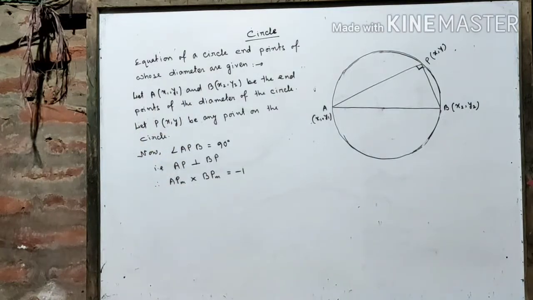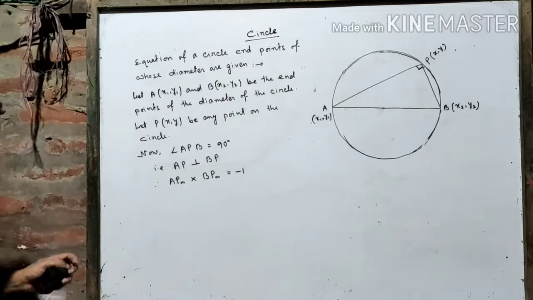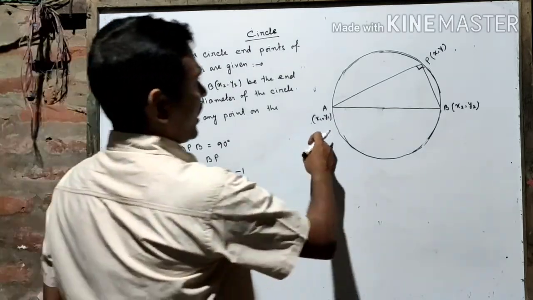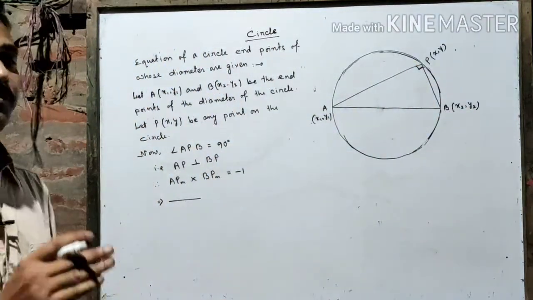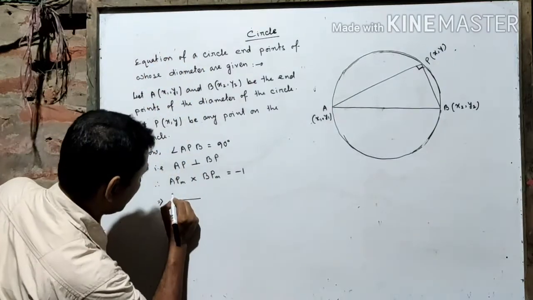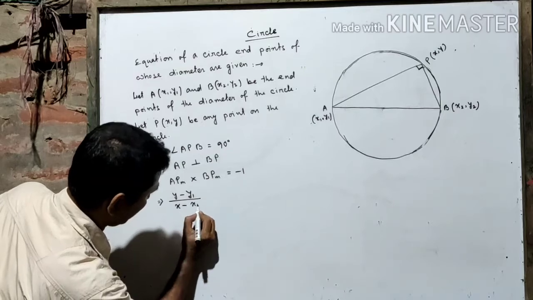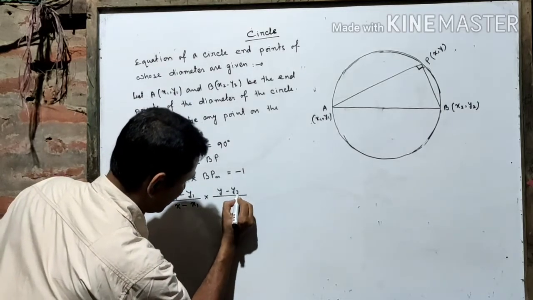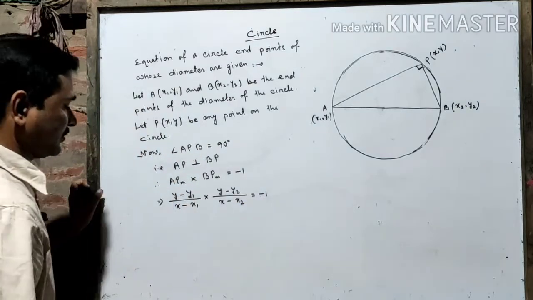We know that if two straight lines are perpendicular, then the product of their gradients is -1. Now, what is the gradient of AP? A and P. That is, we have to find the gradient of a line joining two points. What is the formula? y2 minus y1 divided by x2 minus x1. So it will be (y minus y1) divided by (x minus x1). Similarly, the gradient of BP will be (y minus y2) divided by (x minus x2), and the product is equal to -1.